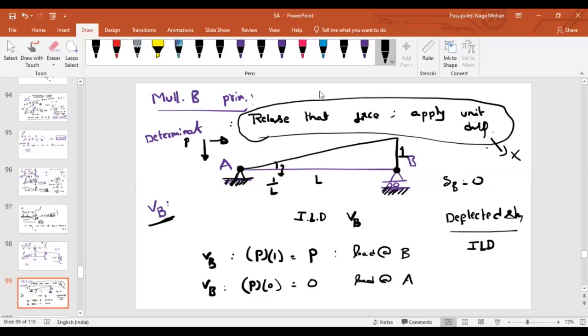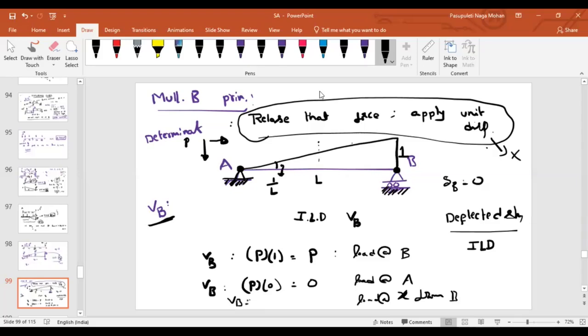In between, wherever you want, let us say the load is at X from B, can you tell me what is the reaction at B? P into X by L, sir.